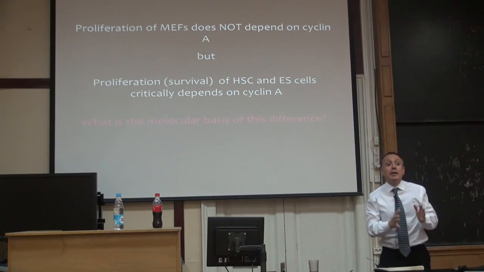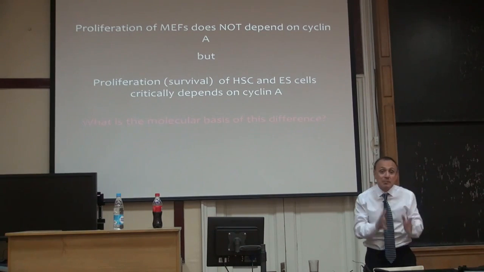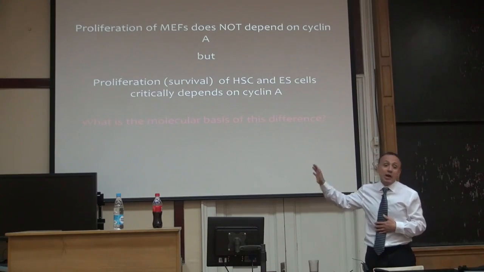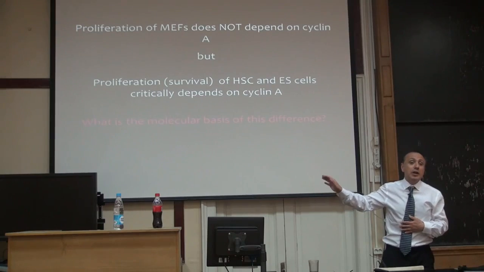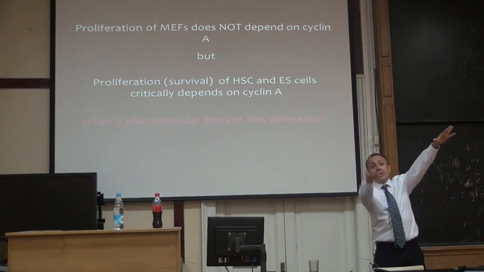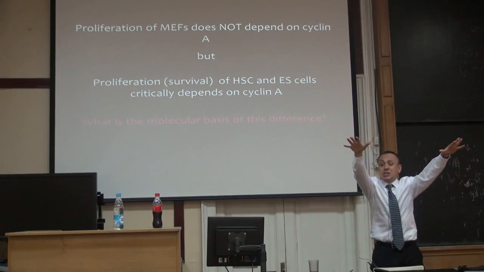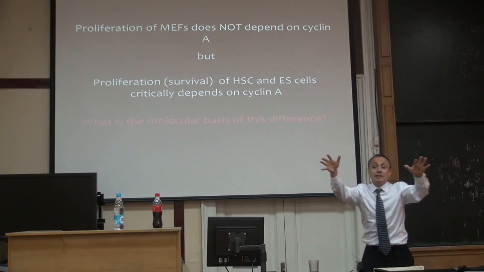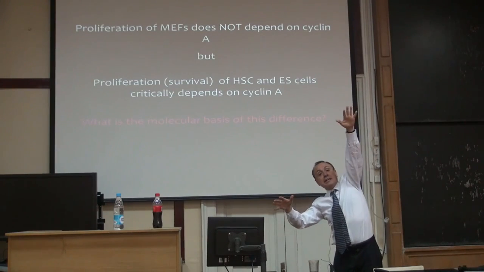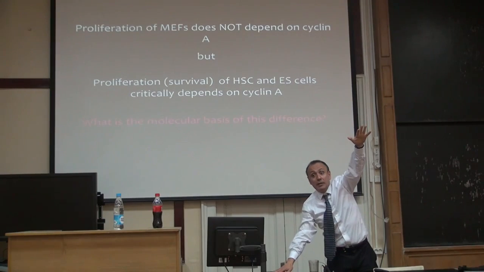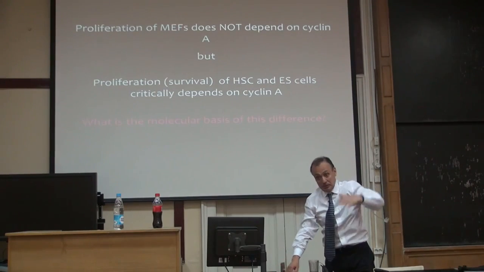And we concluded that the proliferation of stem cells, for some reason, depends on cyclin A. We actually rationalized why, and we hypothesized that in fibroblasts there is a high level of cyclin A and high level of cyclin E. So it makes sense that if you remove cyclin A, cyclin E can compensate, and vice versa. But in several stem cell compartments, cyclin A is high and cyclin E is low. So we were speculating that this probably makes it dependent on cyclin A.